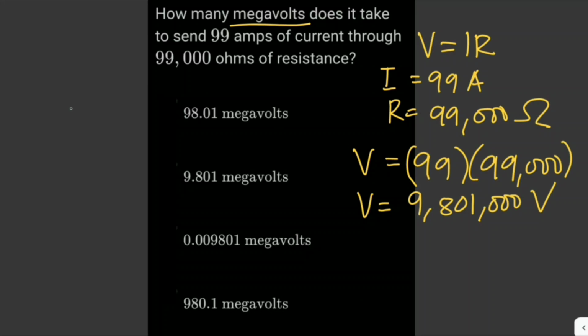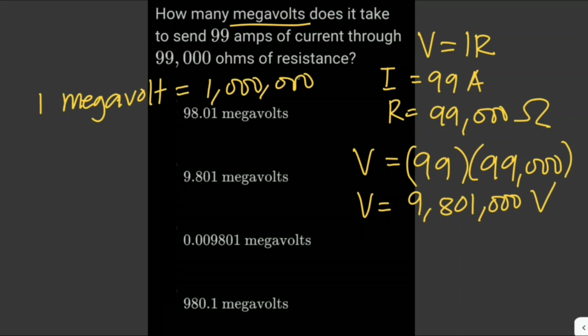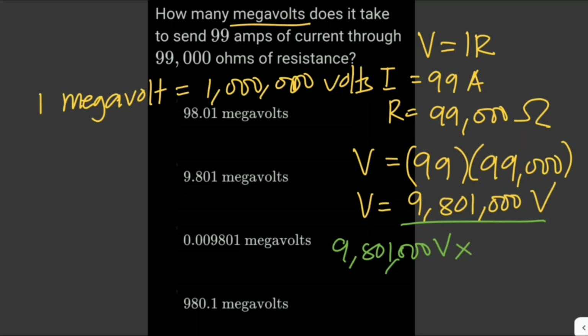megavolts. So 1 megavolt is equivalent to 1 million volts. We just have to convert 9,801,000 volts to megavolts. That would be 9,801,000 volts times 1 megavolt divided by 1 million volts.